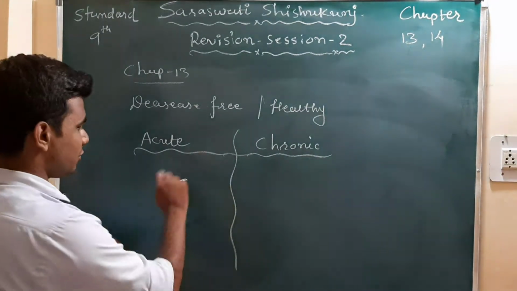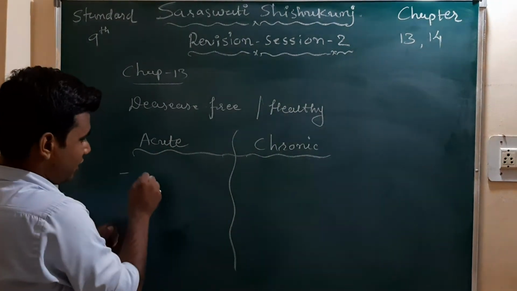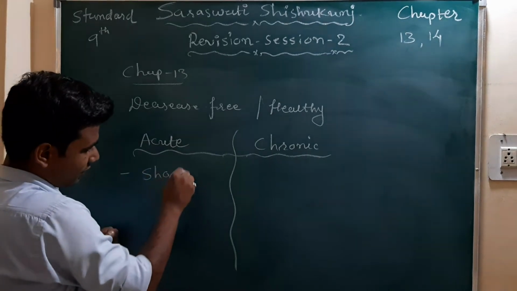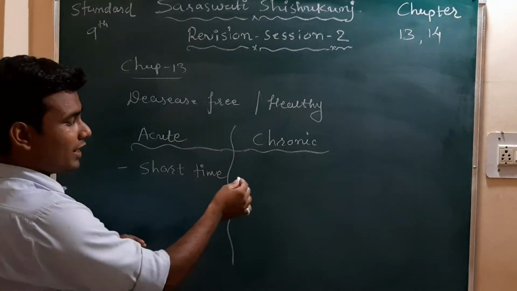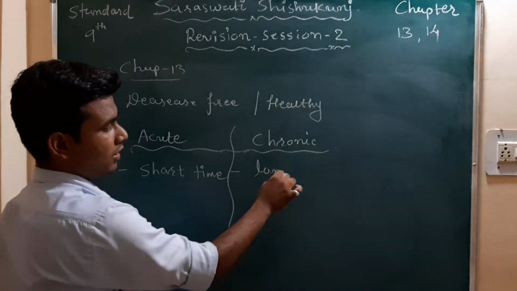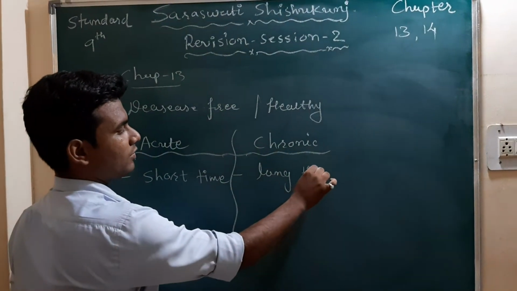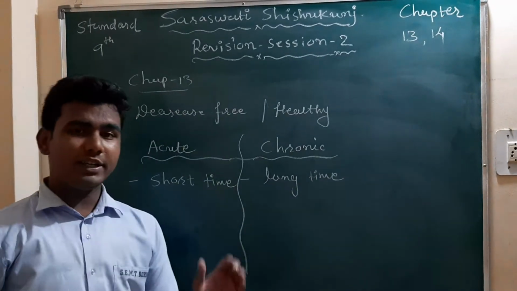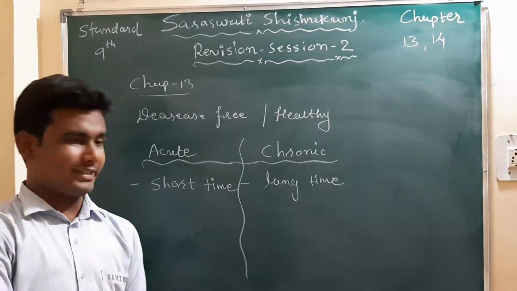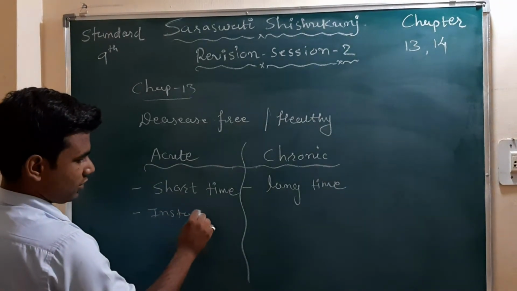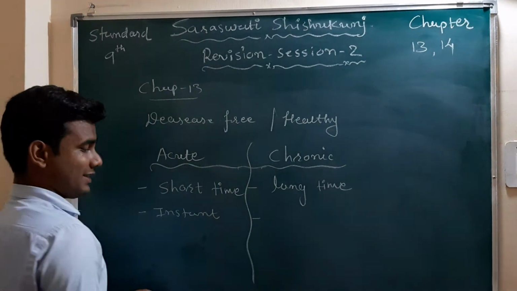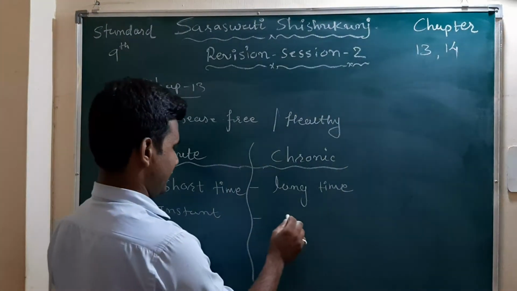Acute disease means the disease which stays for a short time, and chronic disease is the one which stays for a long time. Acute disease is caused instantly, right? And chronic disease will not be caused instantly.